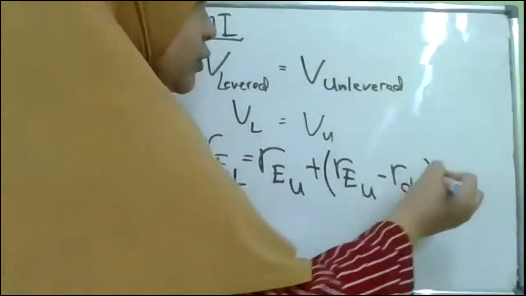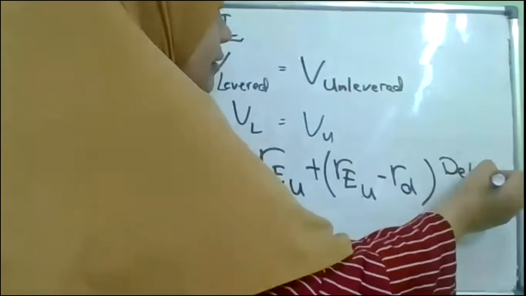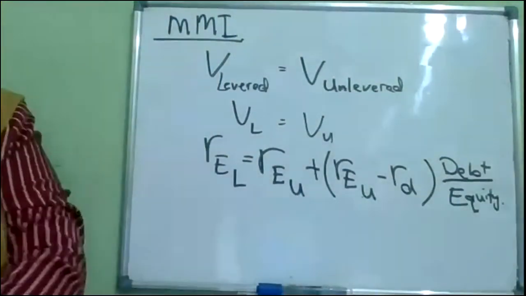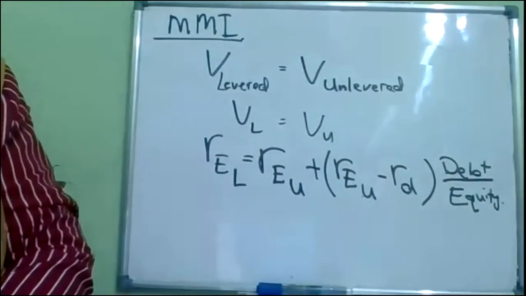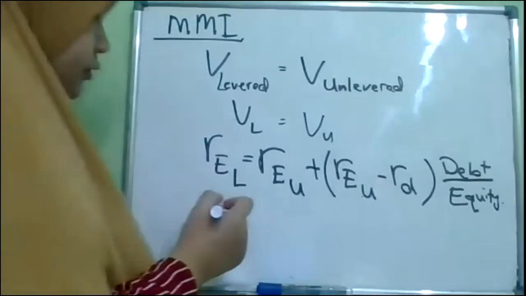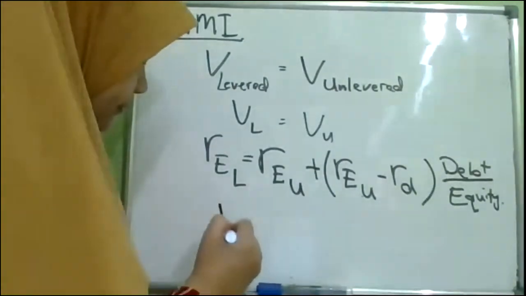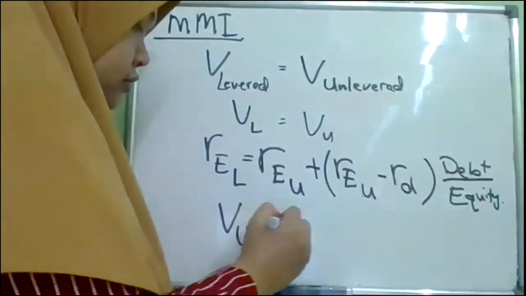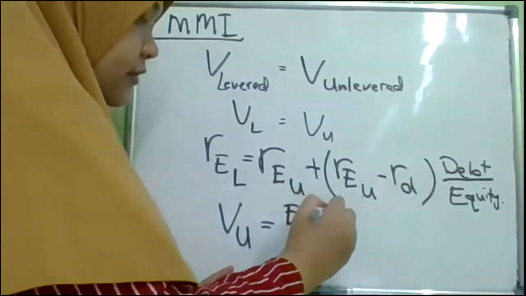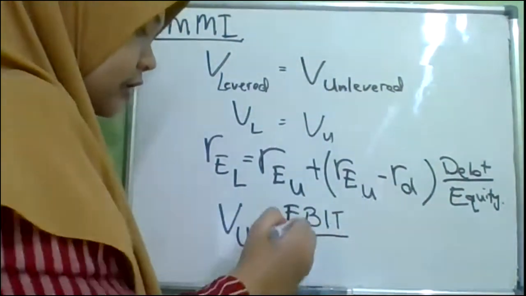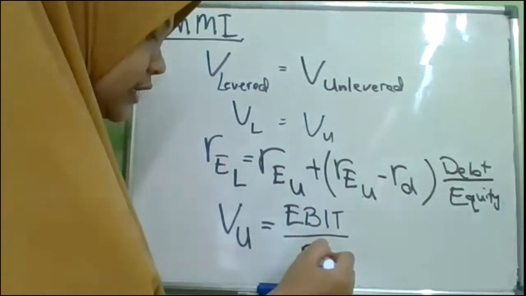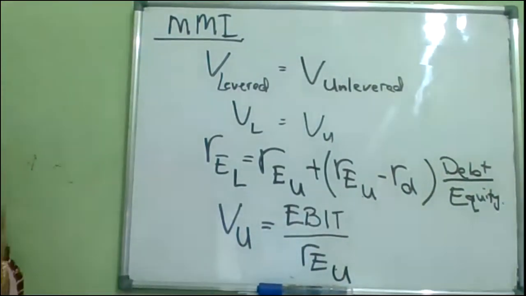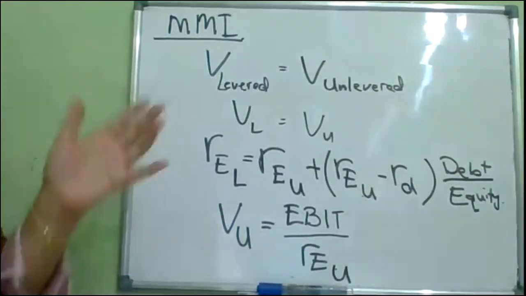This answer you multiply by debt divided by equity. Okay. So that is also the value of the unlevered firm. How to find the value of the unlevered firm: it is equal to earnings before interest and tax, divided by the cost of equity of the unlevered firm. Okay, so this is how you derive all the equations.